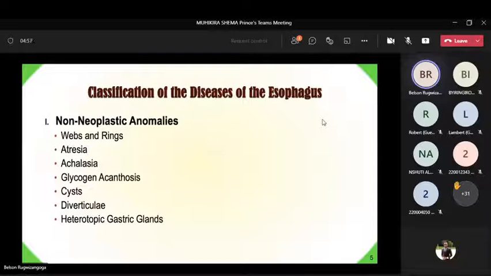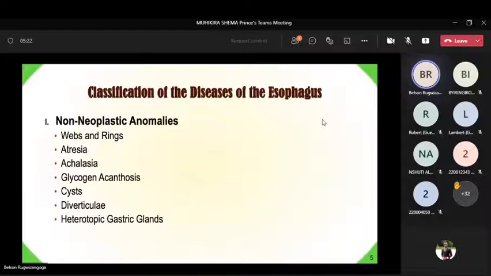So the diseases of any organ, as I said in pathology, we classify them into non-neoplastic diseases and neoplastic diseases. In non-neoplastic diseases, we have developmental abnormalities, meaning problems which arose during embryogenesis.